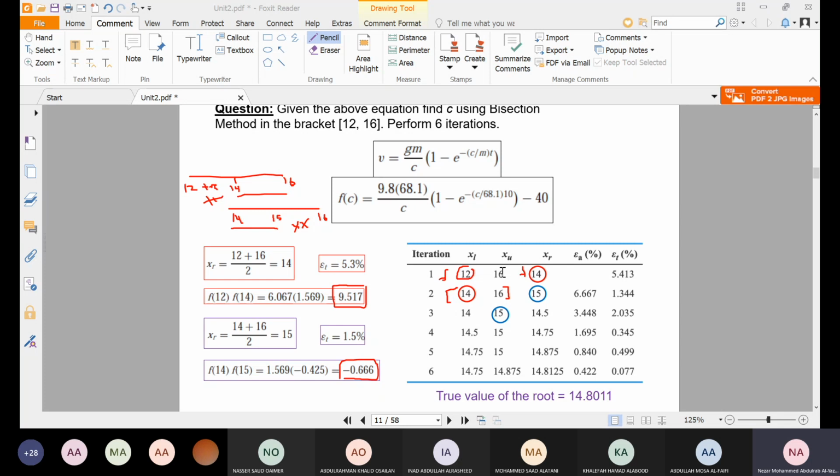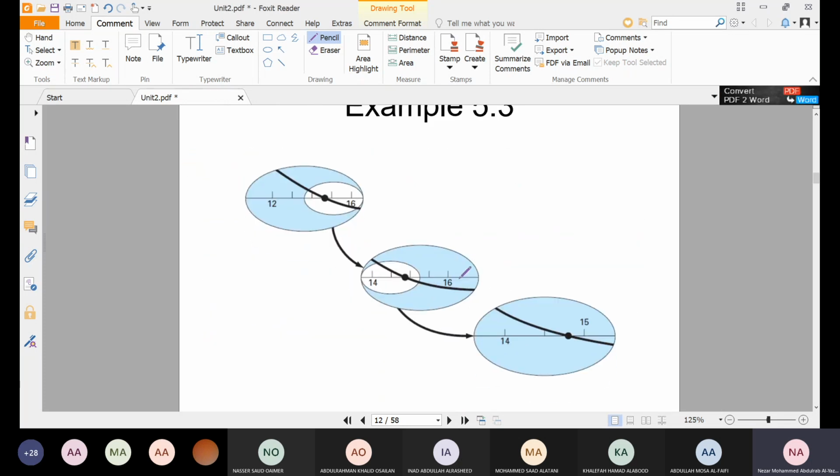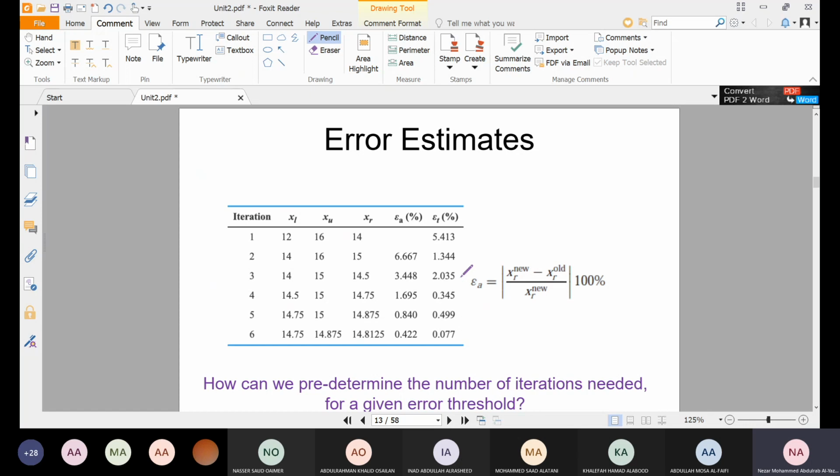Okay. So the approximation error here is equal to the current evaluation of the midpoint minus the previous estimation of the midpoint, over the current estimation of the midpoint. The midpoint actually determines the root that we're looking for.